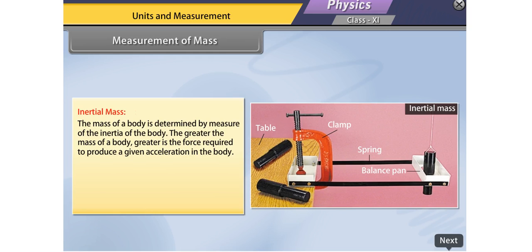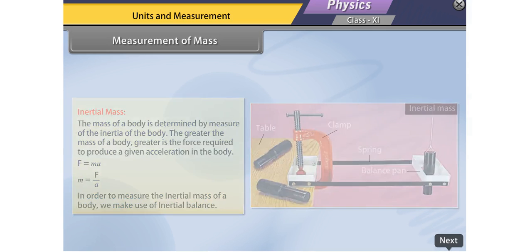The greater the mass of a body, the greater is the force required to produce a given acceleration in the body. F = ma, or m = F/a. Thus, a very heavy body has a larger inertial mass than a light body. In order to measure the inertial mass of a body, we make use of an inertial balance.